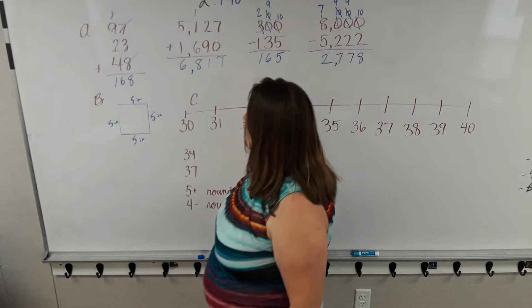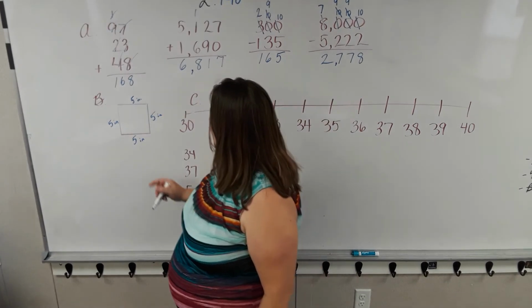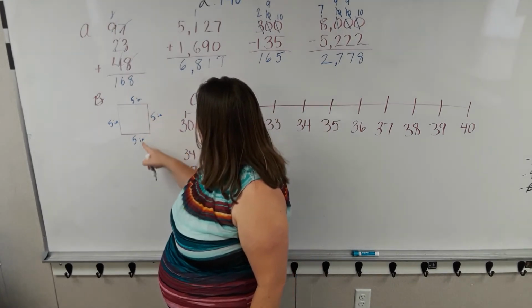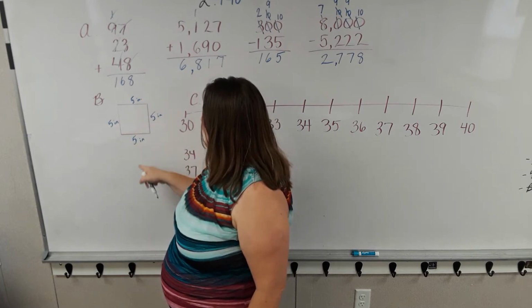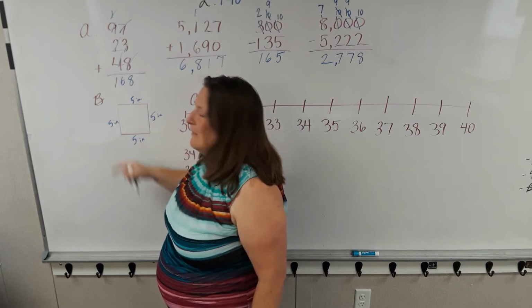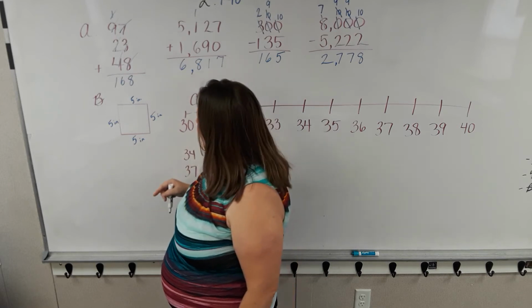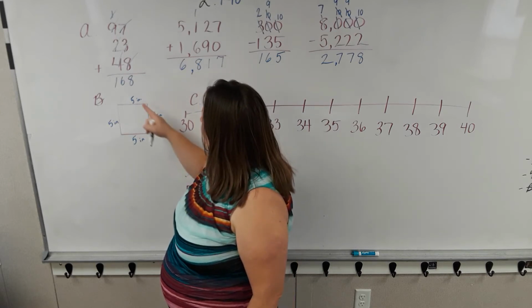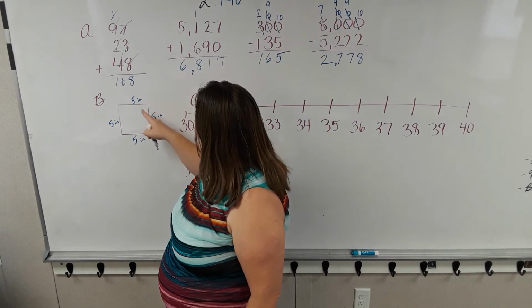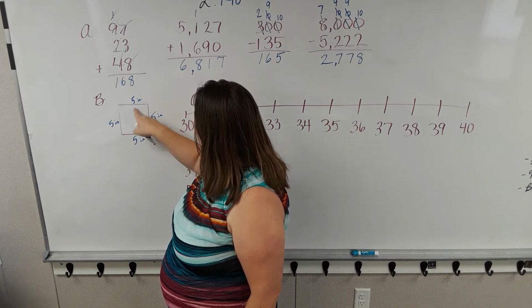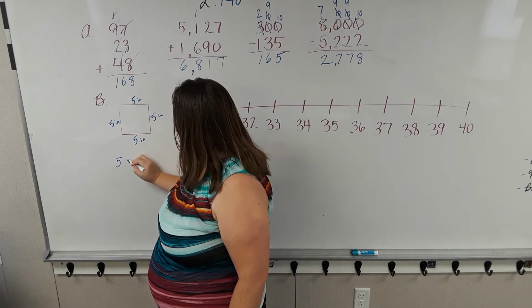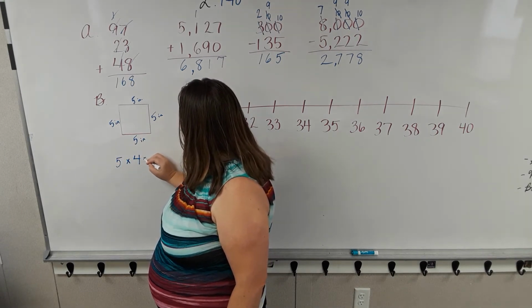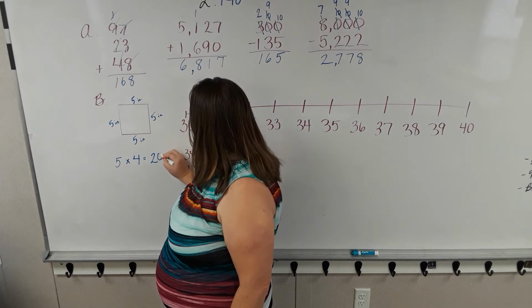So if we are going to find the perimeter, we would have to do 5 plus 5 plus 5 plus 5 inches. Or we could do 5 plus 5 equals 10 inches, and 5 plus 5 equals 10 inches, and add the 10 plus 10. Or we could do 5 inches times 4 sides. 1 side, 2 sides, 3 sides, 4 sides. We could do 5 inches times 4 sides equals 20 inches.